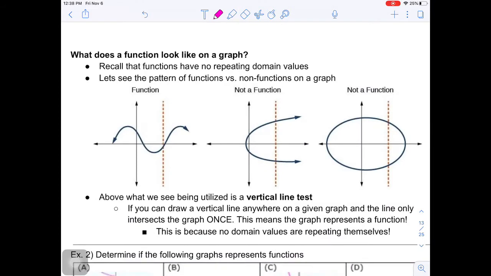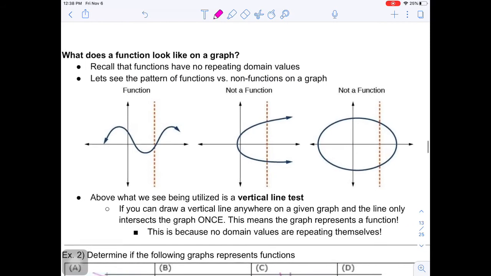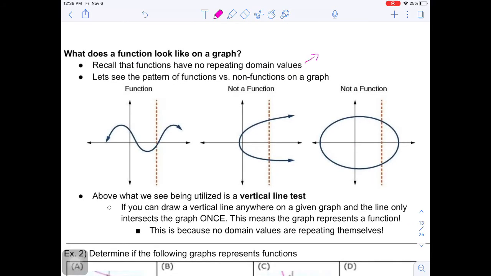Surprisingly, it's actually easier to see because what you're going to do is you're going to use something called the vertical line test. So recall, functions have no repeating domain values, as well as functions must be continuous. Okay, so that's really, really important.